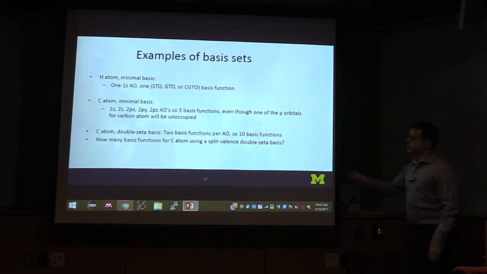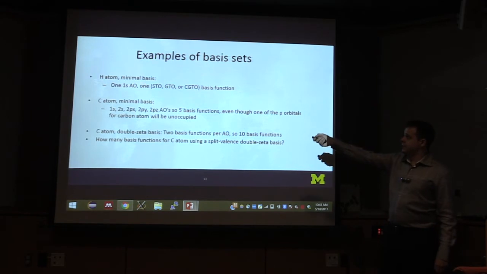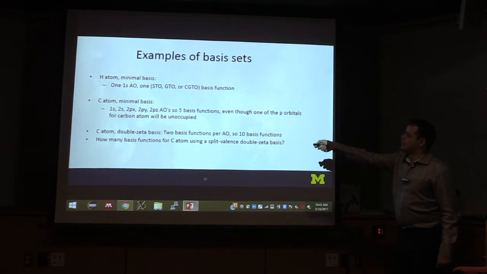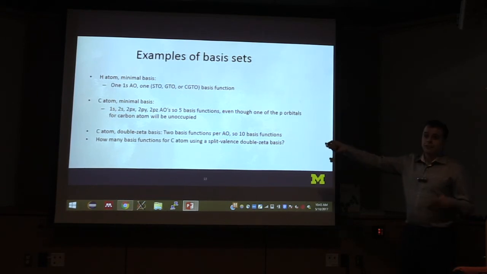So these are some examples. The hydrogen atom in the minimal basis set just has one s atomic orbital, so we have one basis function. The carbon atom in the minimal basis set has these 5 atomic orbitals, so it has 5 basis functions.